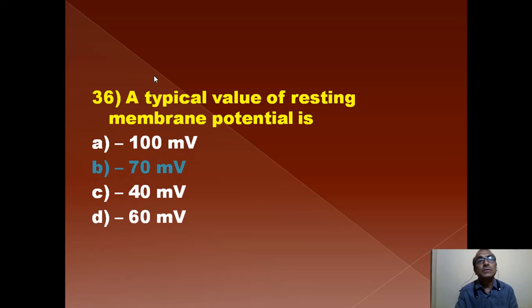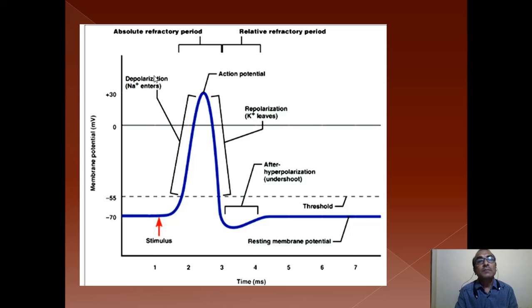Now we'll look into the diagram which shows the changes in the potential. Now we see that minus 70 on the graph, below 0, is showing the resting potential, when the neuron is resting.